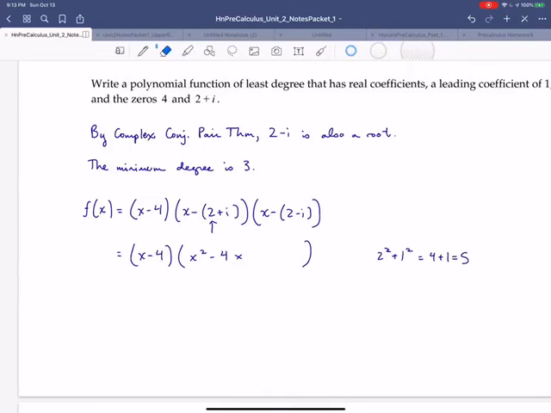So we get x squared minus 4x plus 5 when we use that little algebra shortcut. Then we distribute, which gives us x cubed minus 4x squared plus 5x minus 4x squared plus 16x minus 20, which gives us x cubed minus 8x squared plus 21x minus 20.